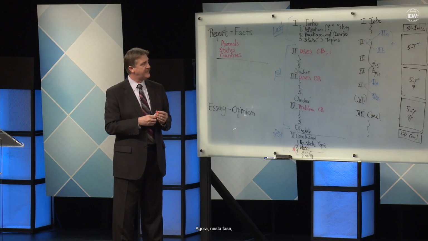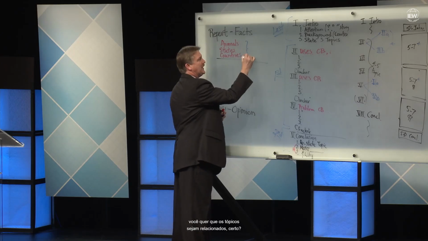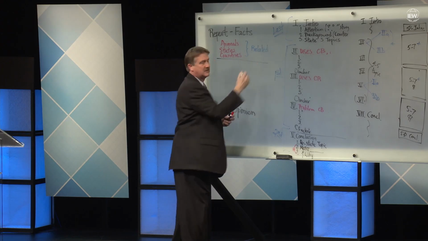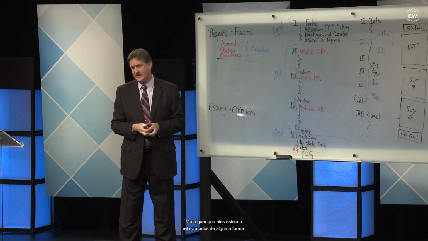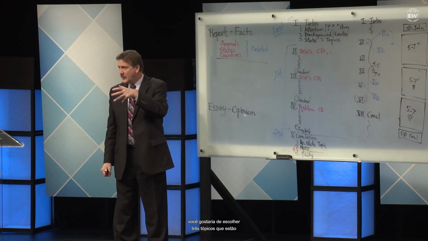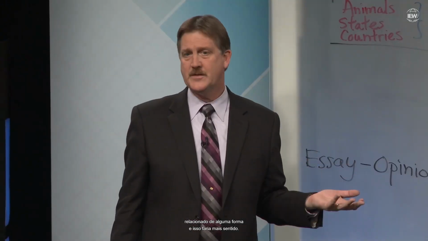Now, in this phase, really, you want the topics to be related in some way. So if you're talking about elephants, you'd like to see if you could pick 3 topics that are related in some way, and that would make more sense.